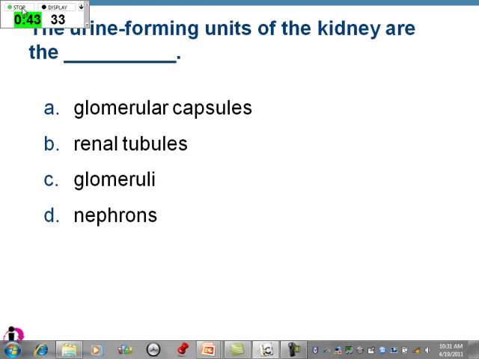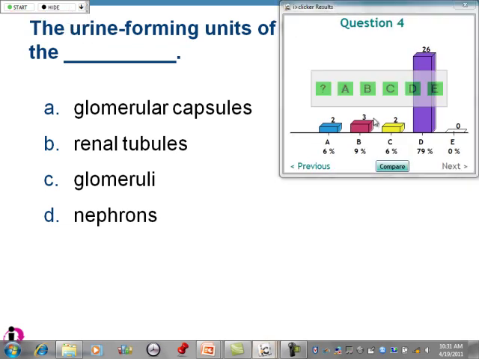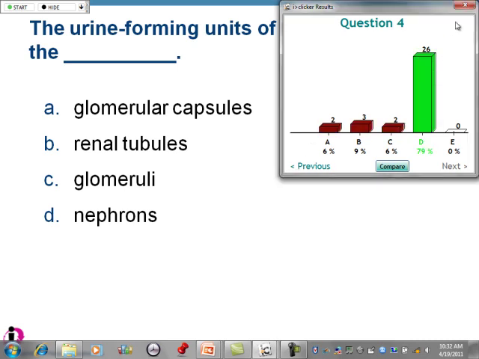All right, what's the answer? D, the nephrons. Very good. So it's the nephron. Those are the whole units that form our end product, urine. Yes? Because we have to do the whole reabsorption, secretion, water balance thing before we form the end product, urine. So the nephron, the whole thing, is responsible for urine formation. Make sense? So D is the answer.